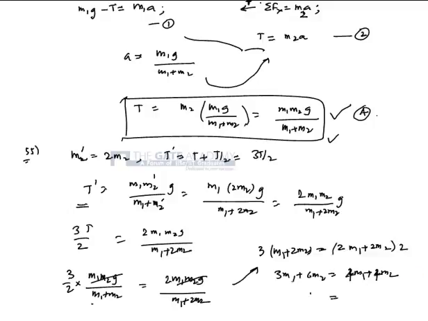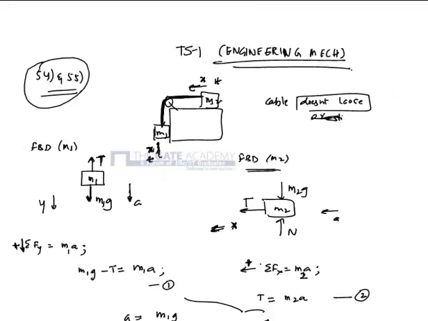This 3M1, let me take that side, which becomes M1, and here I get 2M2. So basically M1 by M2 is 2. So the answer is M1 by M2 is 2. Let's see the answer. The answer is D. So answer is D, A for the first bit. This completes our linked question. Thank you.